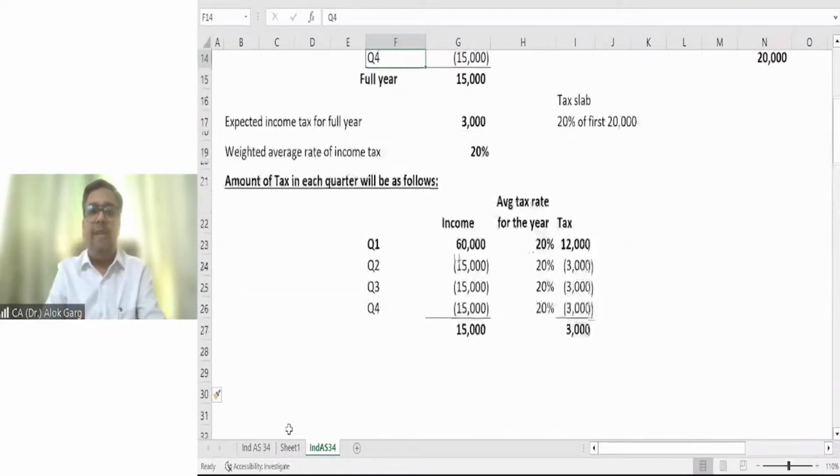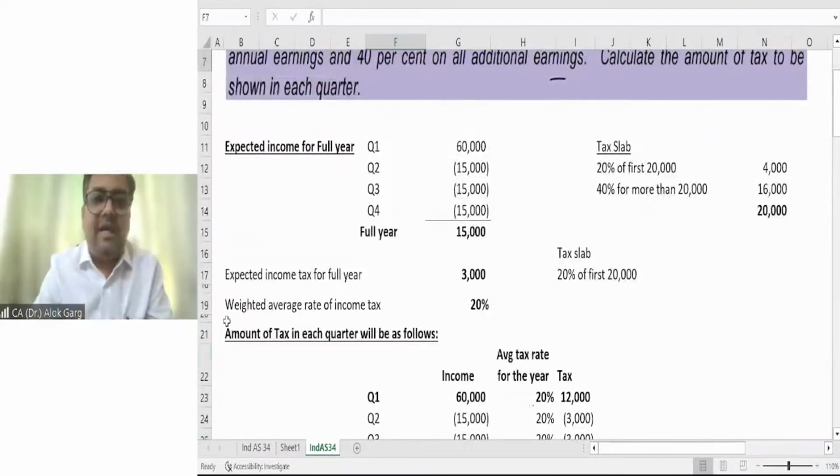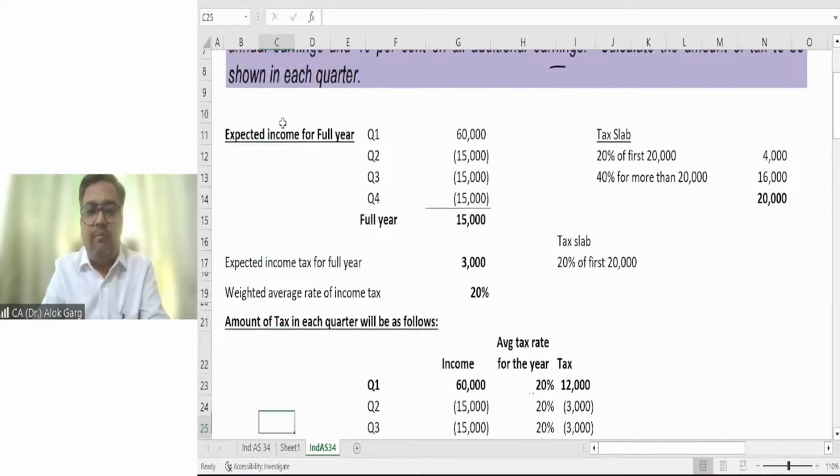Okay, so let me change this scenario and make this problem more complex.